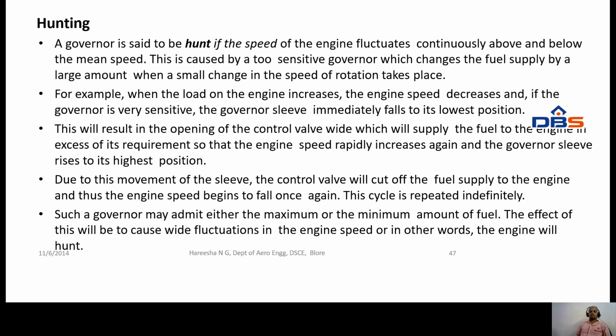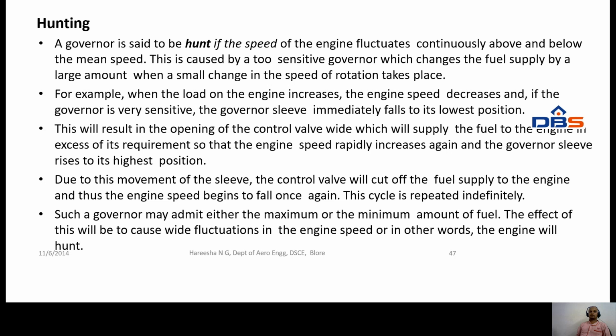This opens the controller valve and supplies excess fuel to the engine, so the engine speed changes rapidly again and again, and may reach the highest position also.